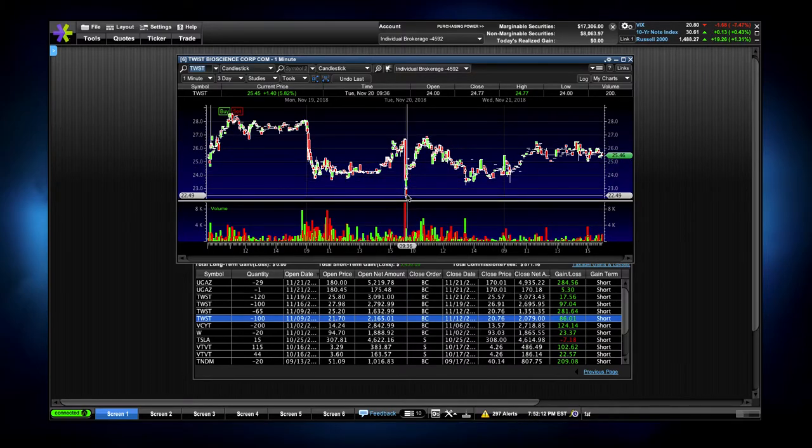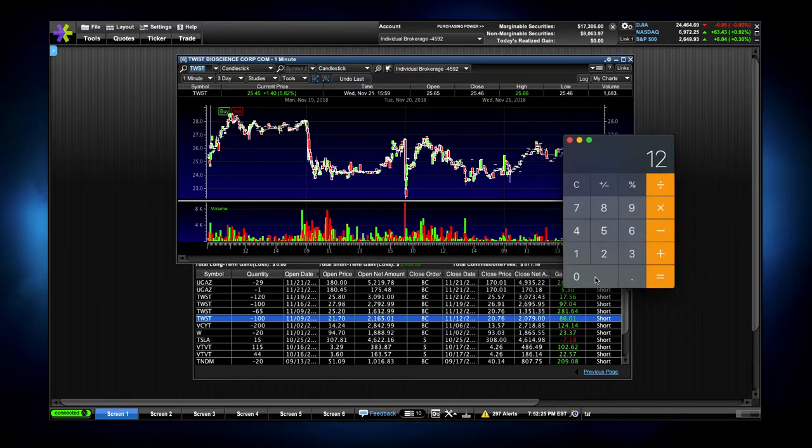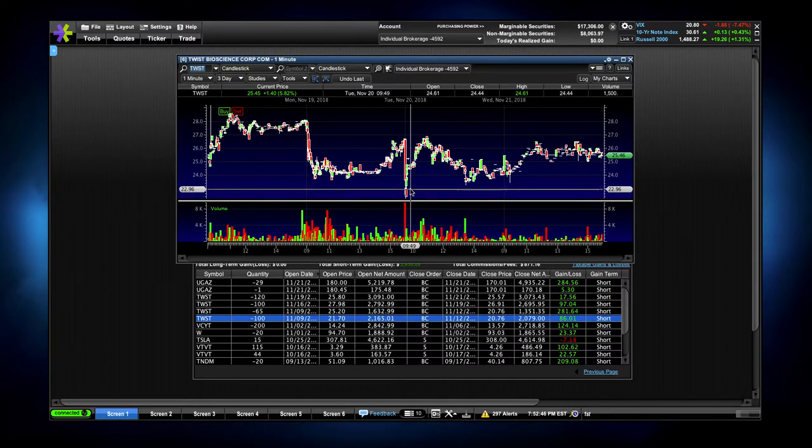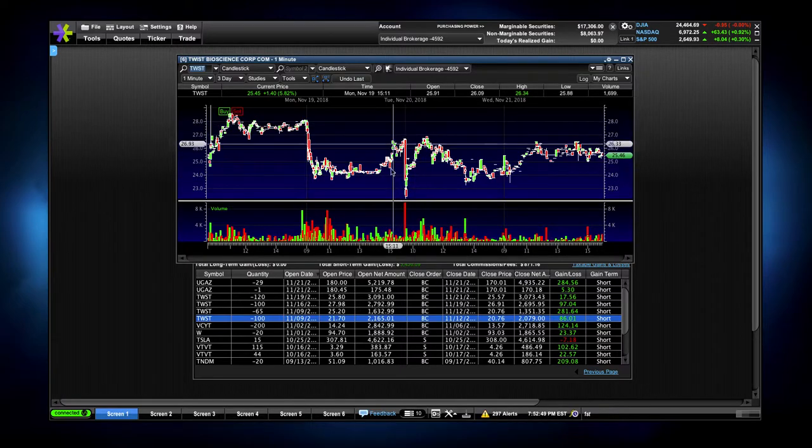I didn't cover at 22.50, which was something around 120 shares. I shorted at 25.80 and it went to 22.80. You say $3 a share, 120 shares. I was up something around $360, and I missed this because I was late.